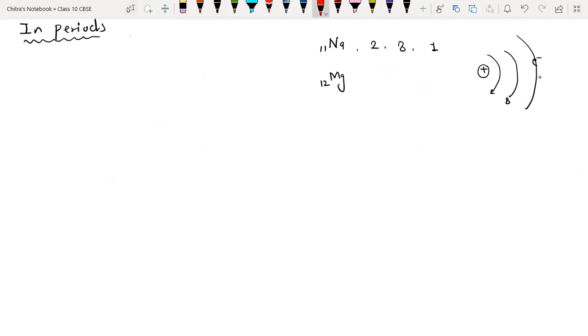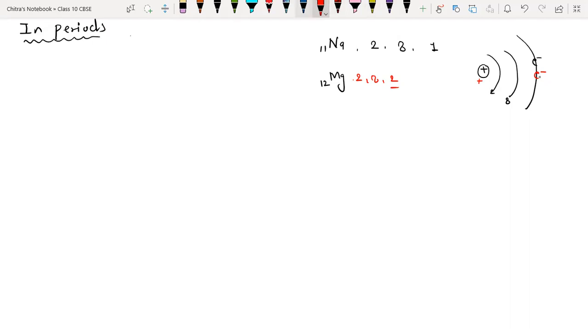That means its electronic configuration is 2, 8 and 2. Means in the third shell 1 electron is increased here. Due to the increase in electron in the third shell, 1 proton is also added here, because all atoms contain an equal number of electrons and protons. If an electron is added in the same shell, that means a proton will also be added here.